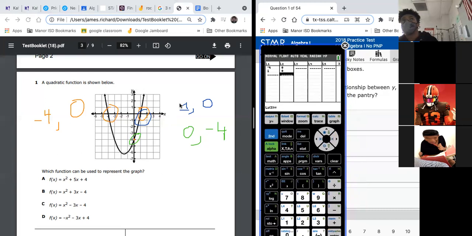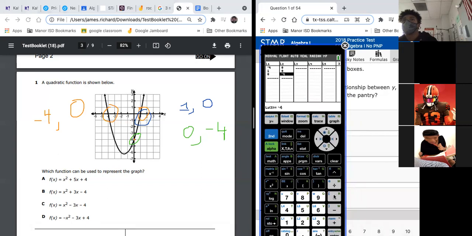That was the blue coordinate, this other x-intercept, and then I'll do the green. The y-intercept was 0, -4. So I'll enter 0 for x, -4 for y. So here's 0 for x, enter, and then -4 for y. Here's a negative button. Use the negative. If I just entered minus 4, I don't think it'll work.